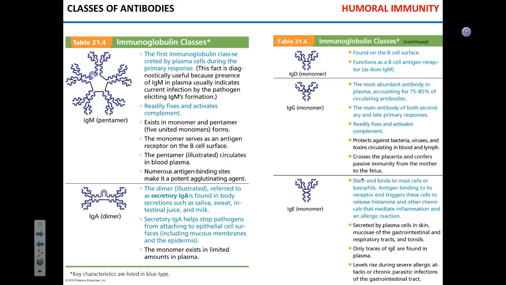Now, types of antibodies. We're kind of moving on towards the functions of plasma cells. So remember, plasma cells are the cells that produce antibodies, not the B cells. B cells have to differentiate into plasma cells first, and plasma cells will produce antibodies.